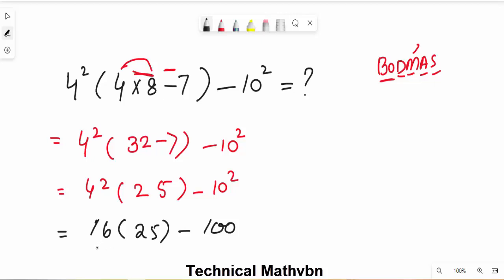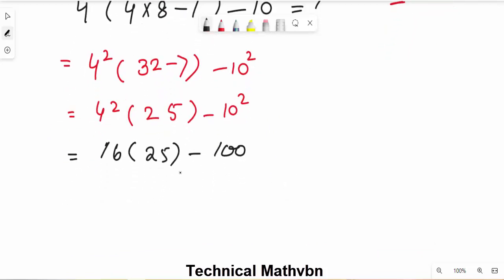So in this step there is a multiplication and subtraction. 16 into 25 means 16 multiply 25, which is equal to 400. 400 minus 100.